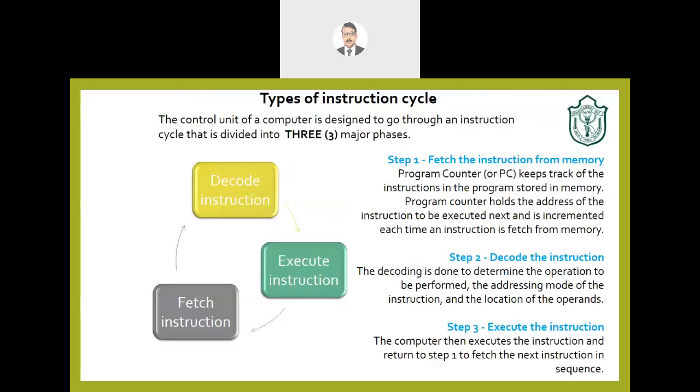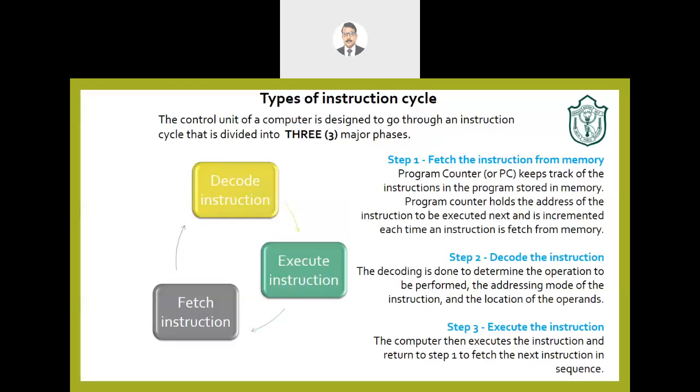Types of instruction cycle. You must have read the definition of a program, that is, a program is a set of instructions. Now the control unit of a computer is designed to go through an instruction cycle that is divided into three major phases.